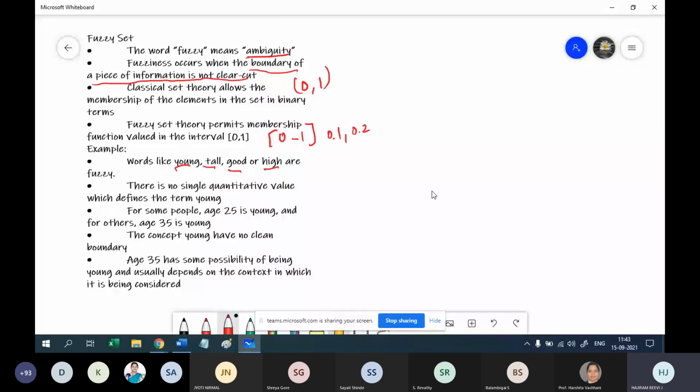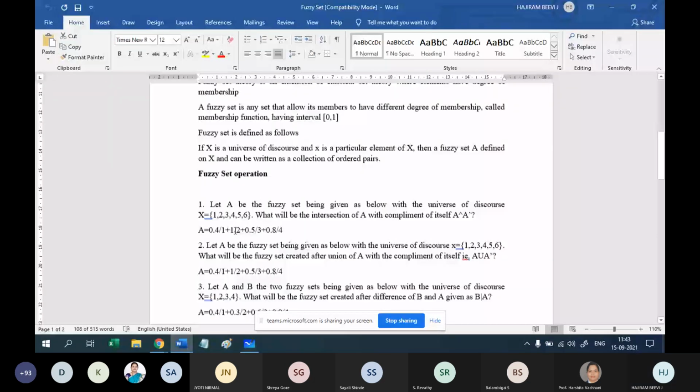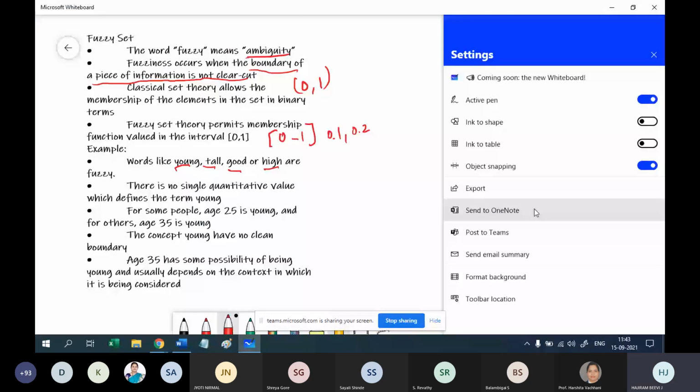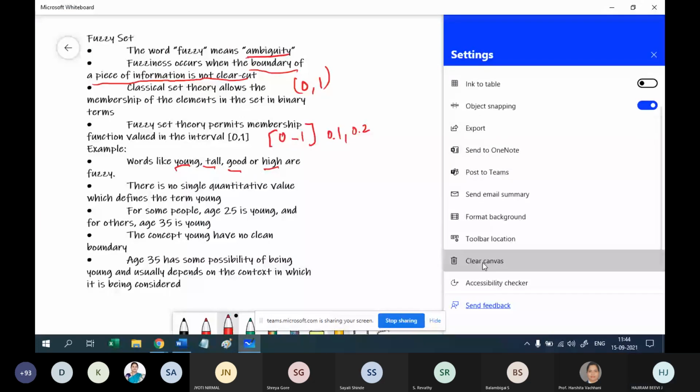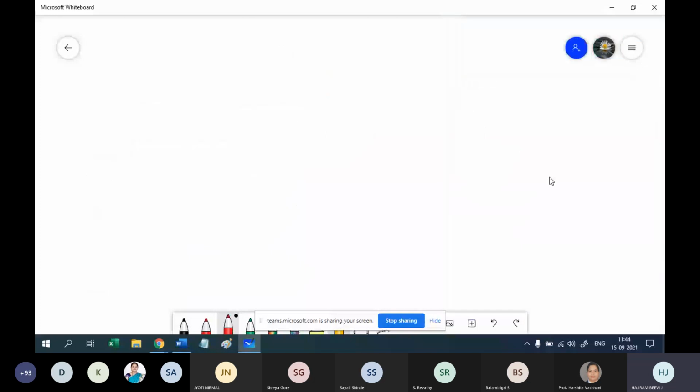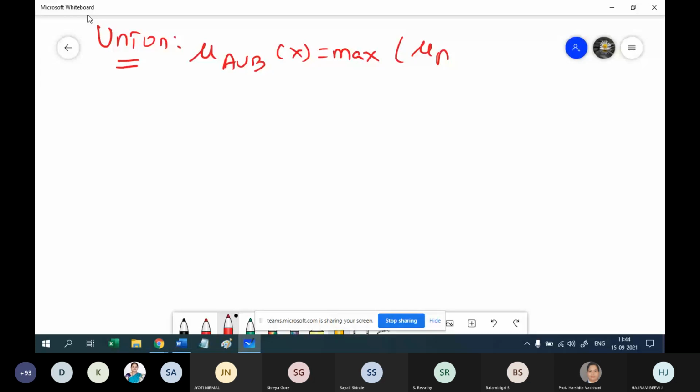So in fuzzy, we are going to see the fuzzy set operations first. The first one in fuzzy set is union. For finding the union between two fuzzy values, we take the maximum value.